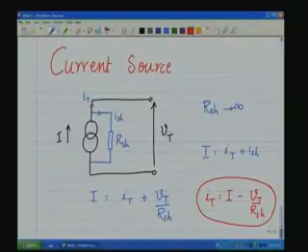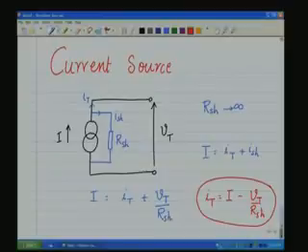Now, the terminal current will be the same as the ideal current source current if R shunt had been infinite. So, in an ideal current source, R shunt would be infinite, and therefore, this term would be 0 and IT would be the same as I. However, in a practical case, R shunt is not infinite. There is some contribution of this as Vt increases from 0 to a higher value.